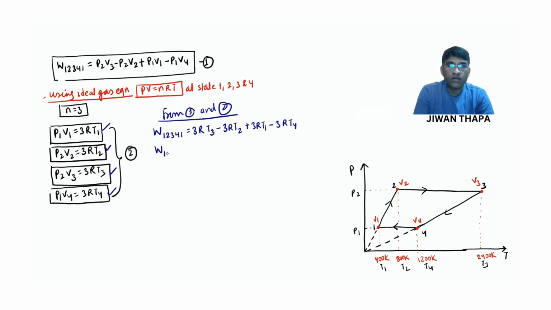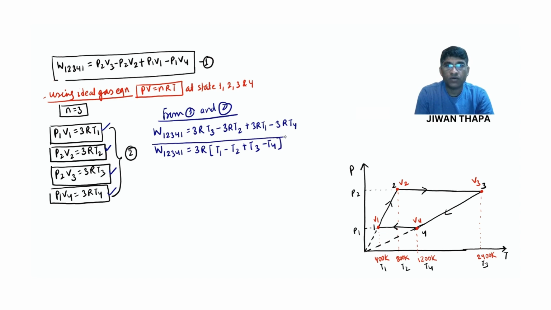So total work done equals 3R, taking 3R common, times T1 minus T2 plus T3 minus T4.